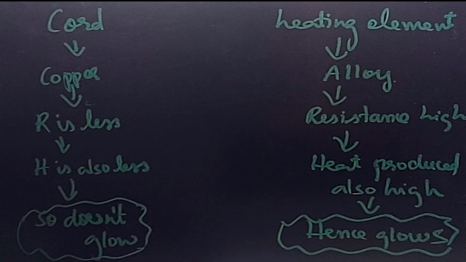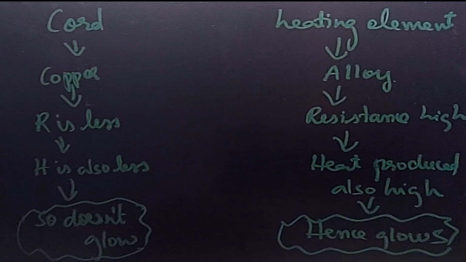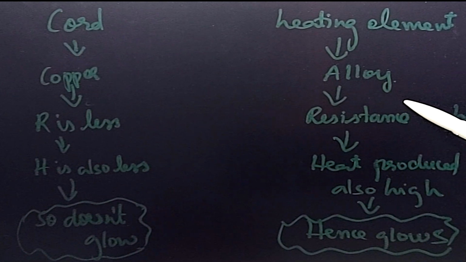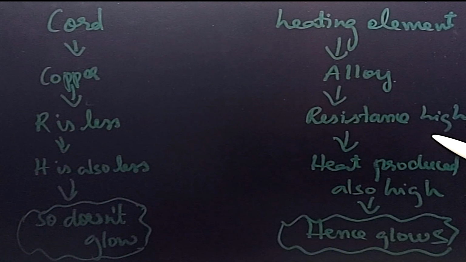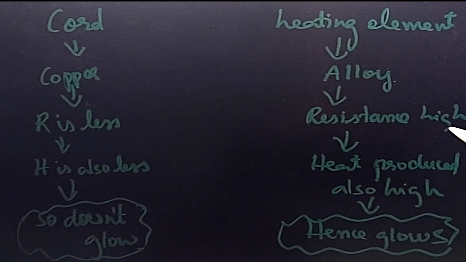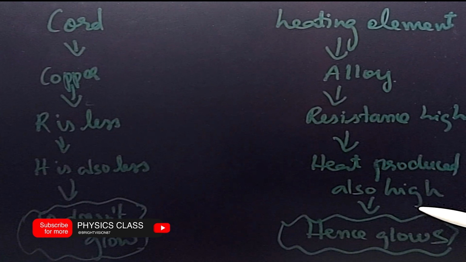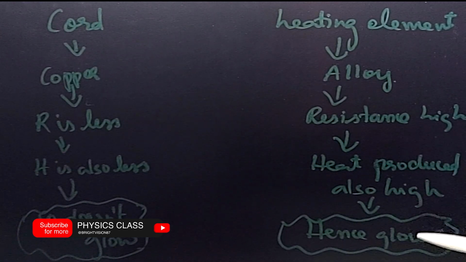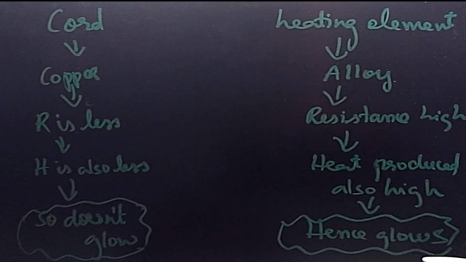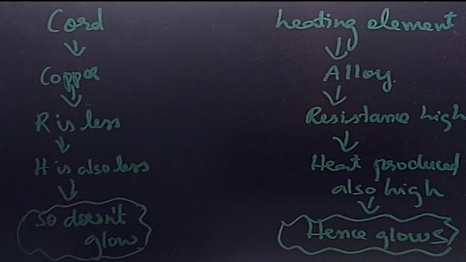Hence it doesn't glow. Whereas the heating element in the electric heater is made up of an alloy whose resistance is very high. As a result, on passing current, the heat produced also will be more, hence the heating element glows. This is the answer that can be written for 2 marks.